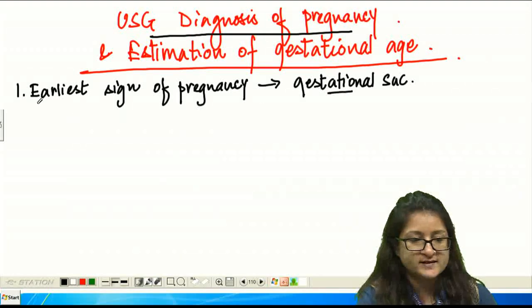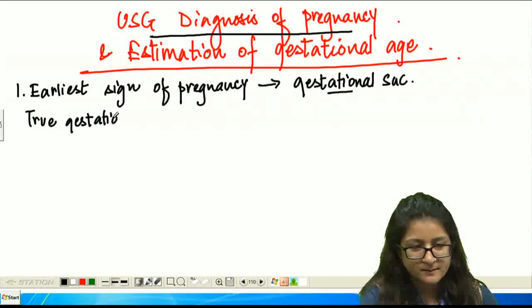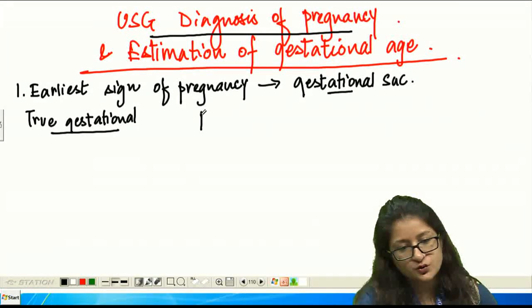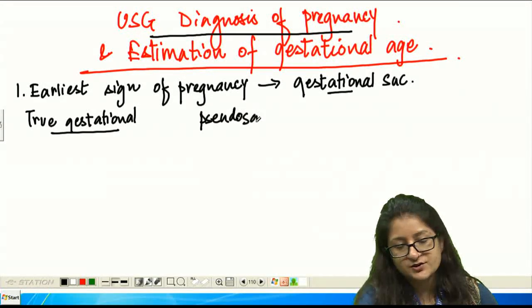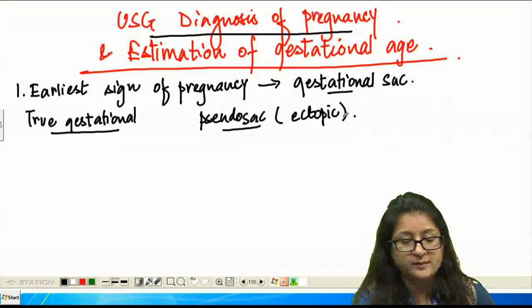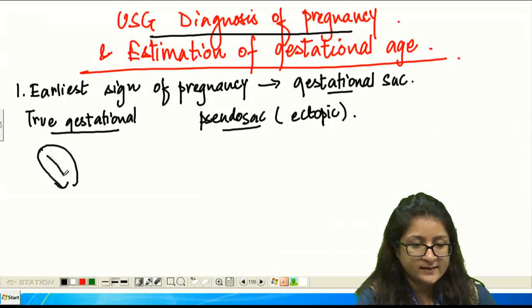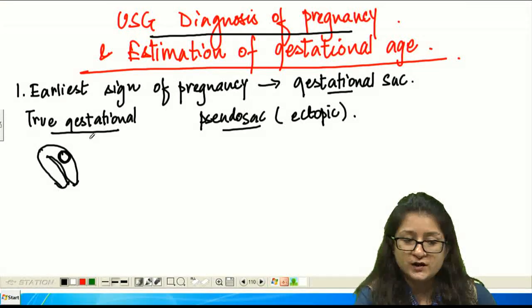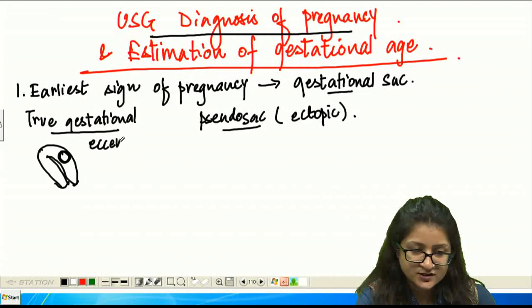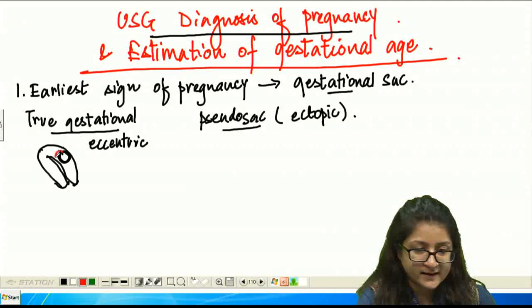If it is a true gestational sac, or if it is a pseudo sac, a pseudo gestational sac is seen in ectopic pregnancies, right? In a true gestational sac, this is the uterus, this is the uterine stripe, and this is the gestational sac. A true gestational sac is eccentric and has these thickenings.